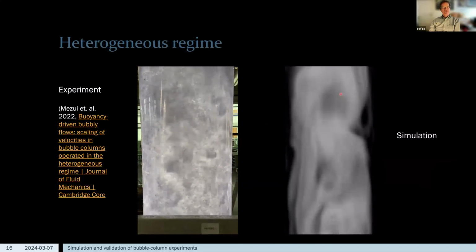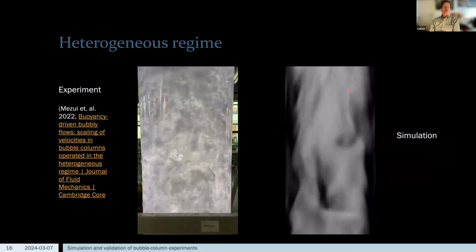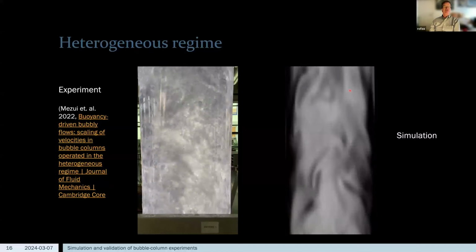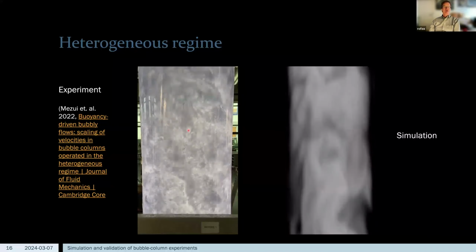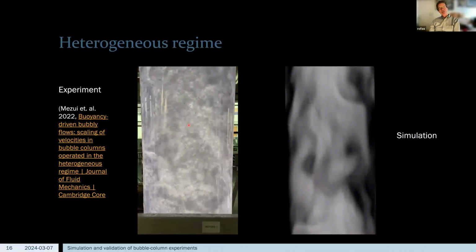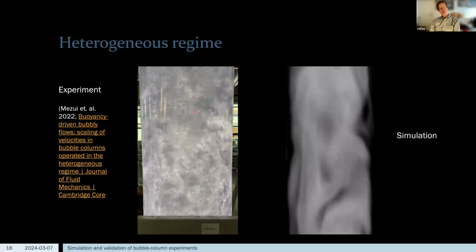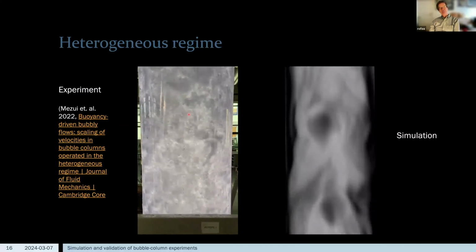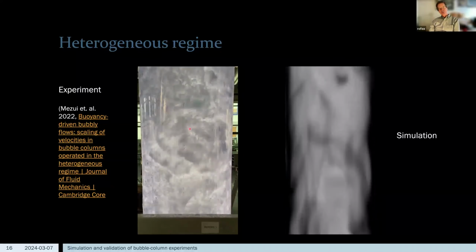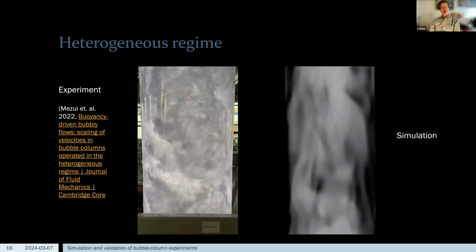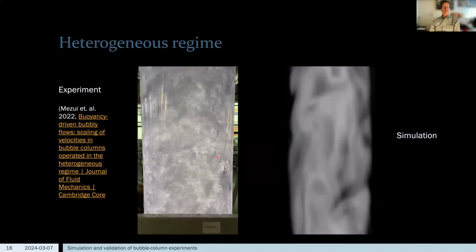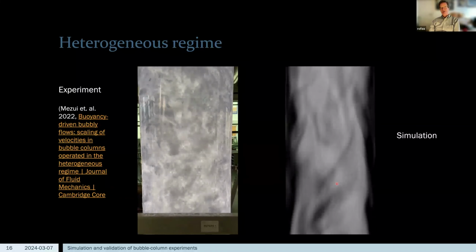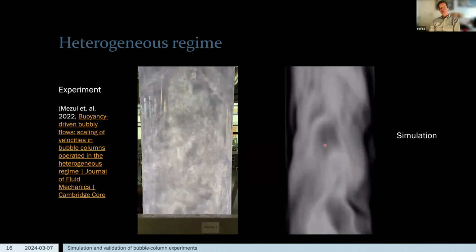In comparison, if you look at the heterogeneous regime, it's much more violent. The transition is quite rapid, and you see very large fluctuations in velocity and bubble volume fraction. We'll see later it's measured experimentally, but the regions that move up very quickly have high volume fractions, and the low volume fraction regions get pushed down. The same sort of thing you can see in the simulations.